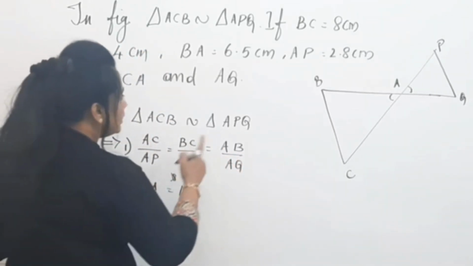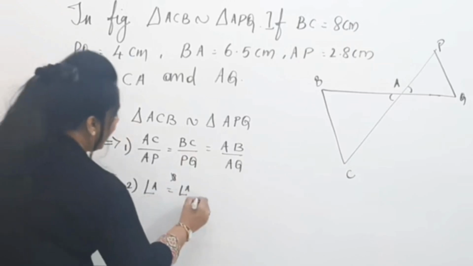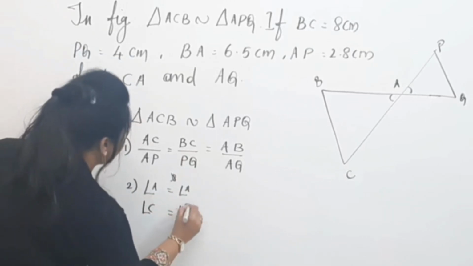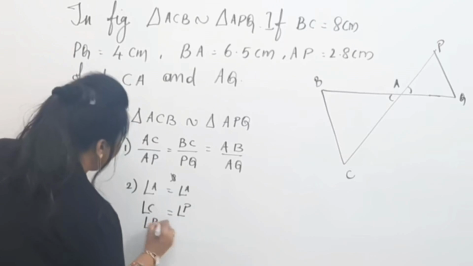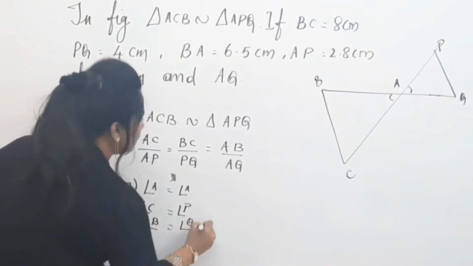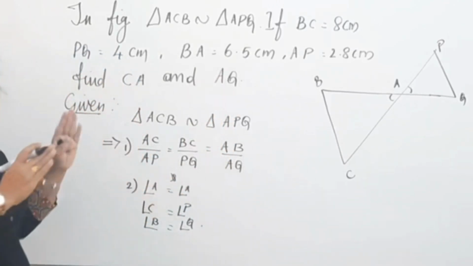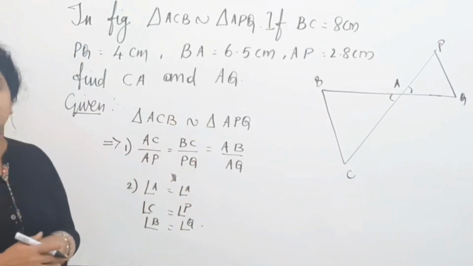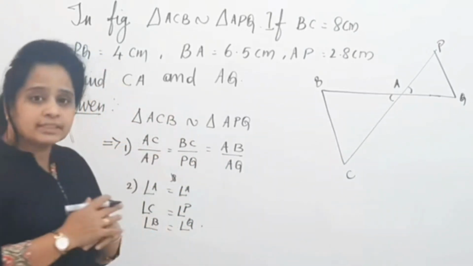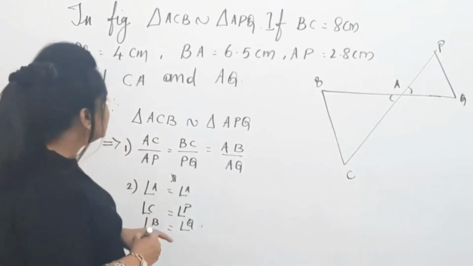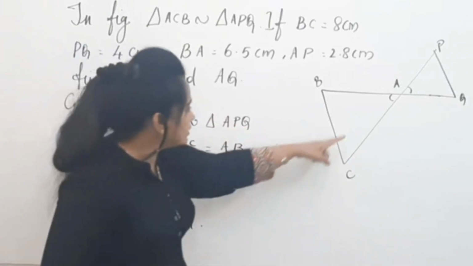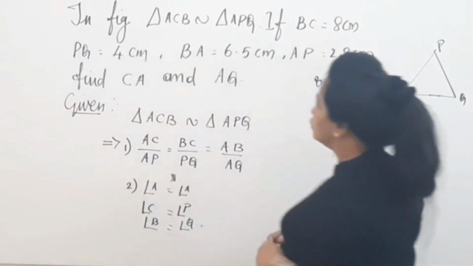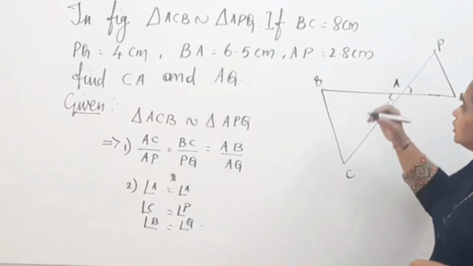So angle A is equal to angle A, and next one, angle C is equal to angle P, and the third one, angle B is equal to angle Q. This is all satisfied in the figure, already given in the figure. Now, my question is, find AC and AQ. Now, I'm going to substitute the values which are given.